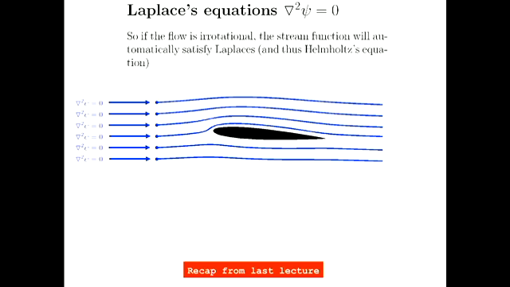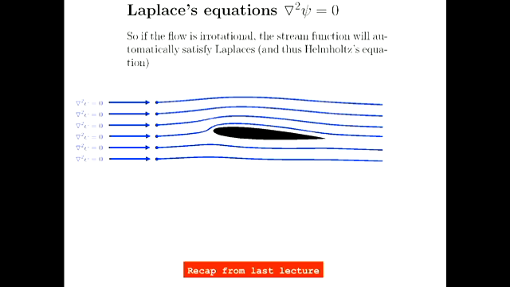And the solution that we looked at here, the solution that's most useful for us, is since that oncoming vorticity onto most of the flows that we're looking at in this course is going to be 0, Helmholtz's equation is really telling us that the vorticity everywhere within our flow field must be 0.